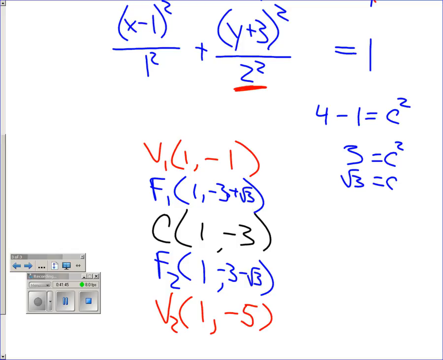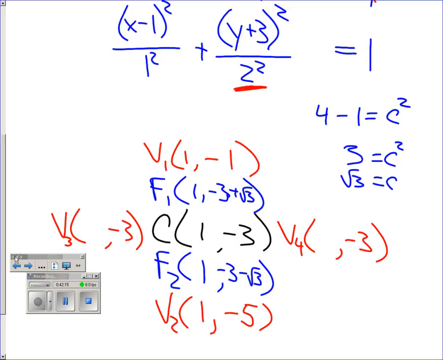All right, now we've got to go left and right. We've got to find the 2 vertices on the minor axis. So I'm going to come directly to the left. This is my 3rd vertex. Here's my 4th vertex on the right. What stays the same now? Yeah, the 1 doesn't, the negative 3 does, because the y coordinate is going to be the same. So this is the same here and here.